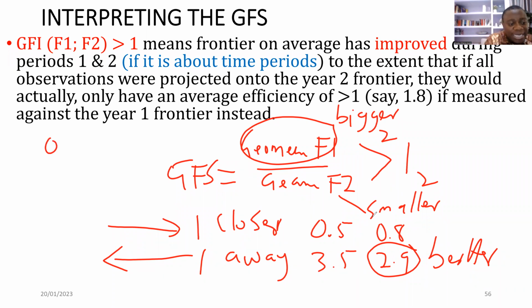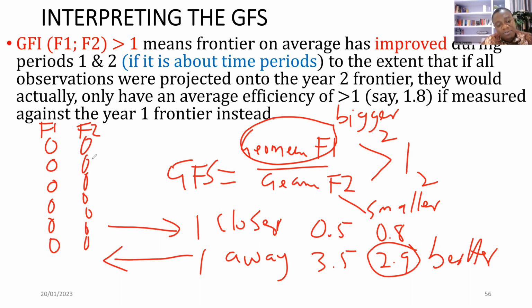And we recorded each one of those efficiency scores for that year, frontier 1. And then we measure the efficiency of all the firms relative to the second frontier. So we recorded each one of them. Everybody that was in the previous one is also measured relative to frontier 2. These things that you are seeing here are efficiency scores.